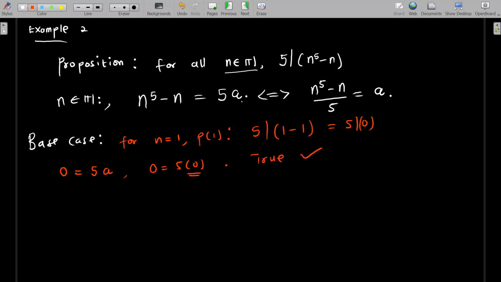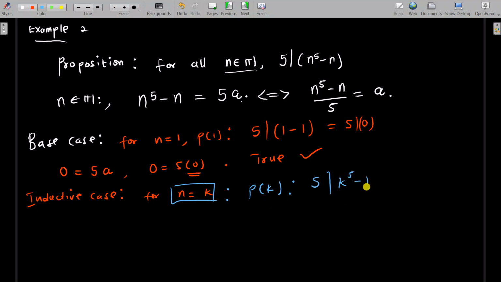for our base case. Now we go to our inductive stage, which says that for n equals some arbitrary k, let me use a different pen here so that we see what is happening. P of k means that 5 divides k to the 5th power minus k.